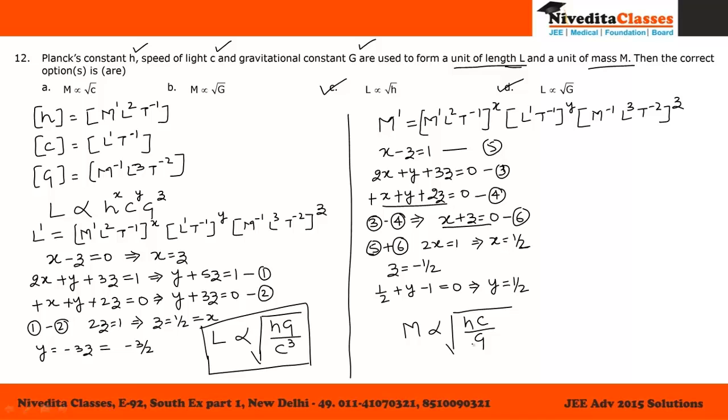If I see this equation and the options, I know that m is directly proportional to root of c, but option B is wrong, as m is inversely proportional to root of g, and in the option we are given that m is directly proportional to root of g. So our answer will be options A, C and D.